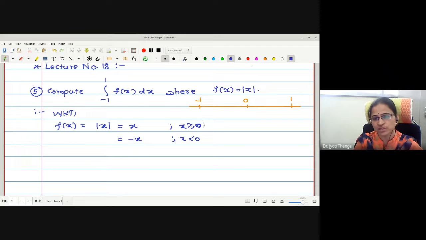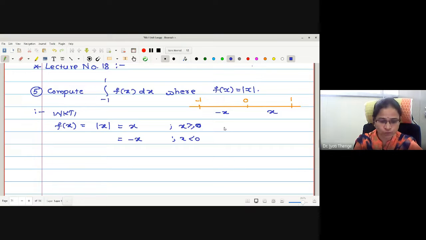As the function behavior is different on the given subintervals, here the function behaves as minus x, and here the function behaves as x. So the process of dividing the given interval into n equal parts is not suitable here, because the nature of the function is different on one half and the other half.